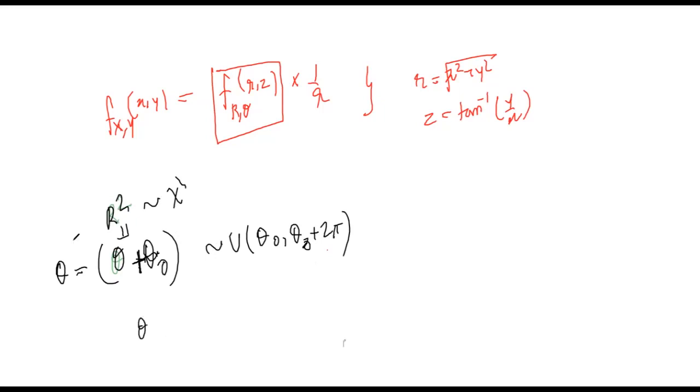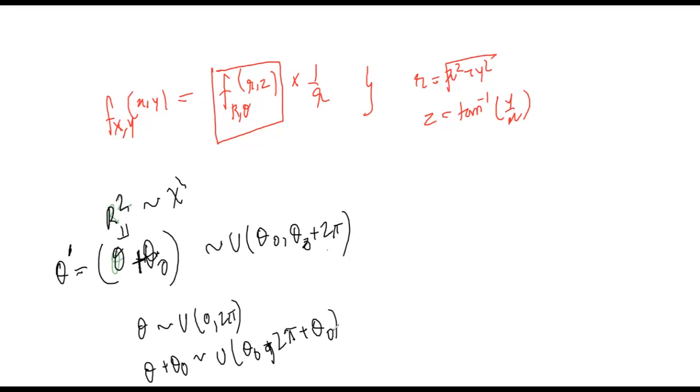I'm calling that together only theta dash. If theta follows uniform 0 comma 2 pi, then theta plus theta naught follows uniform theta naught comma theta naught plus 2 pi. But do you think that will really affect tan? No, because tan has a corresponding period, so it will never affect that.